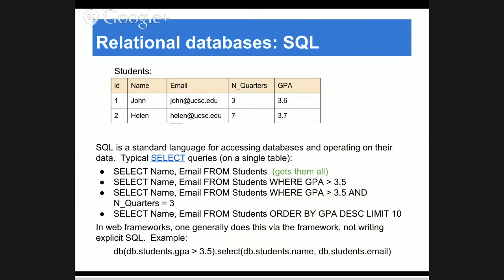The beauty of a relational database is that you have a language called SQL, the SQL query language, that enables you to write queries in a way that is essentially portable among many databases.